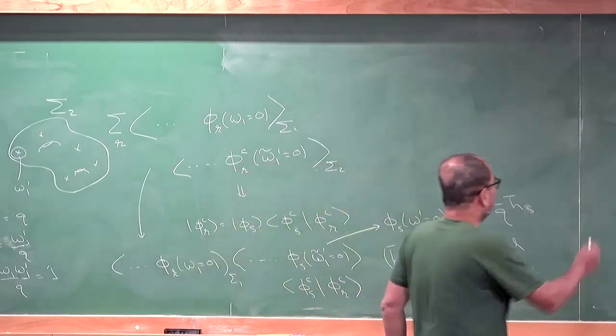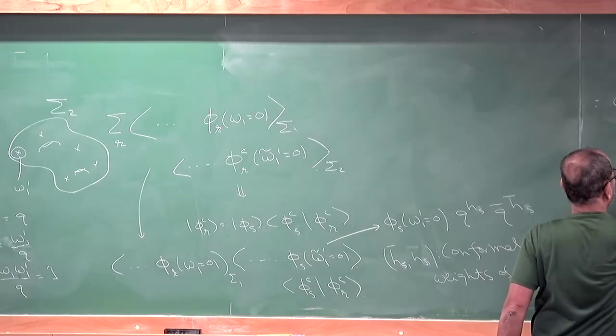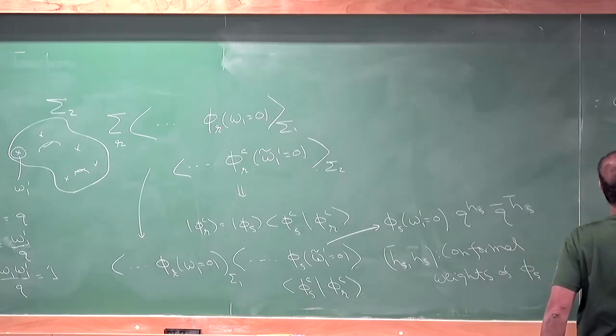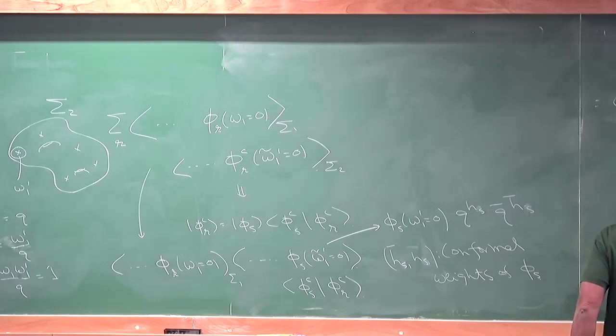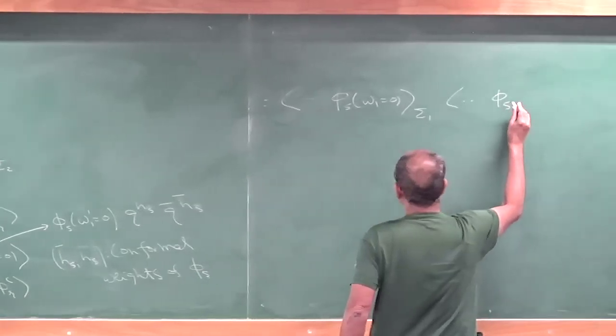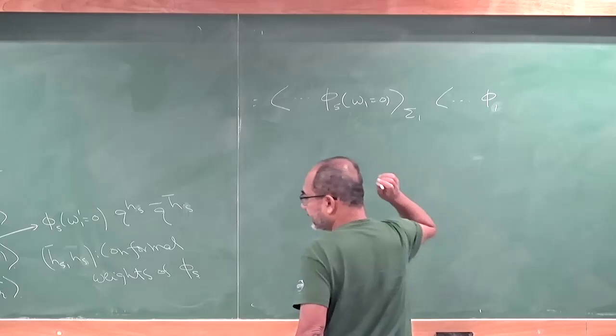So this I can write as the original correlation function phi S at W1 equal to 0 on sigma 1. Then the original correlation function of phi, how do I write?